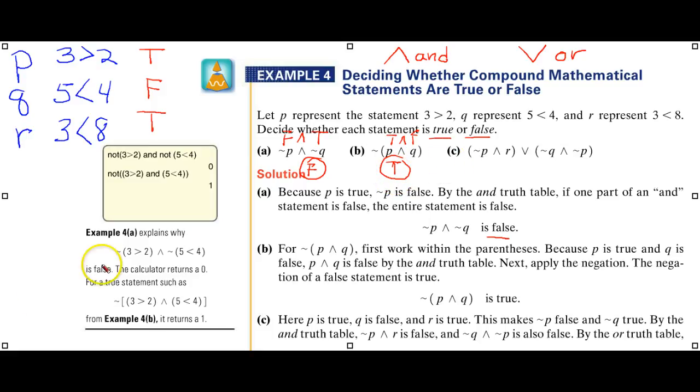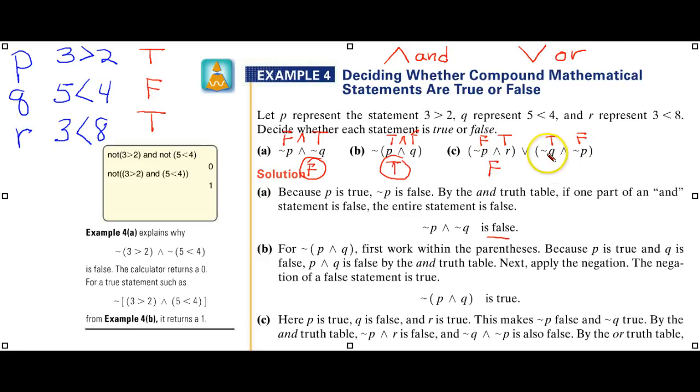All right, C. Now in letter C, we go to our little summary here. So P is true, so not P is false. And in conjunction, R is true. So here we have a false and a true. For a conjunction, this is going to be false.